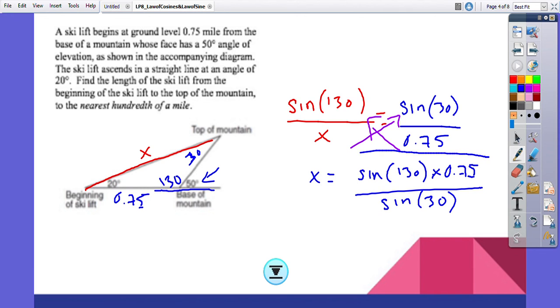Okay, so if you cross multiply, this is what you're going to get. Now I will allow you to punch that into your calculator and obtain the corresponding result.